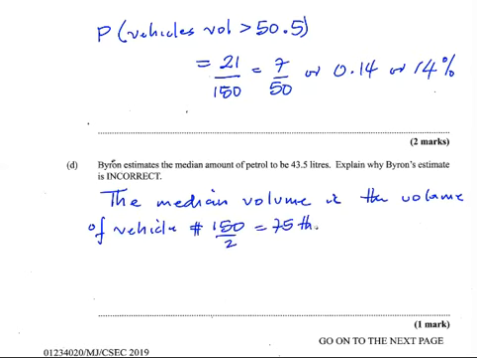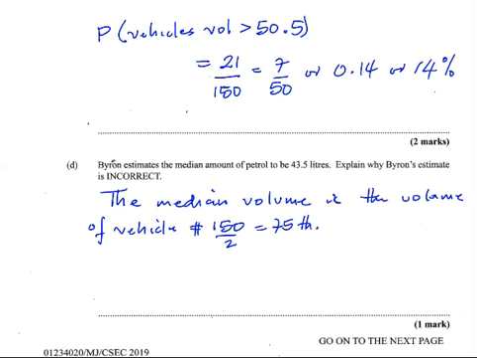The volume of liquid needed to fill the 75th vehicle is the median. So let's say it again. The volume of liquid needed to fill the 75th vehicle would be the median.